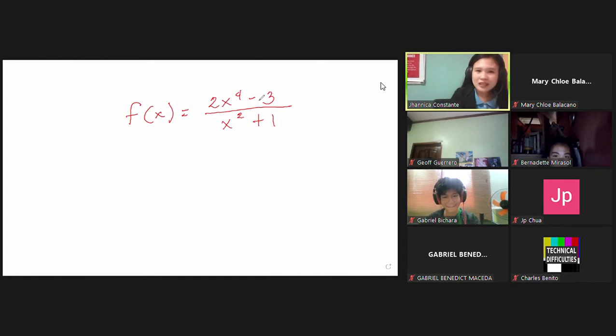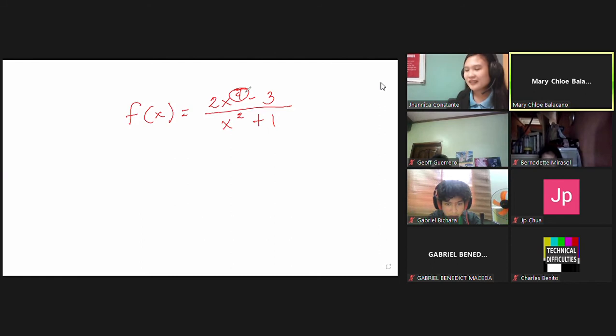As you can see, the numerator has the highest exponent, which is 4. If you have a higher exponent for your numerator, you need to find the oblique asymptote.